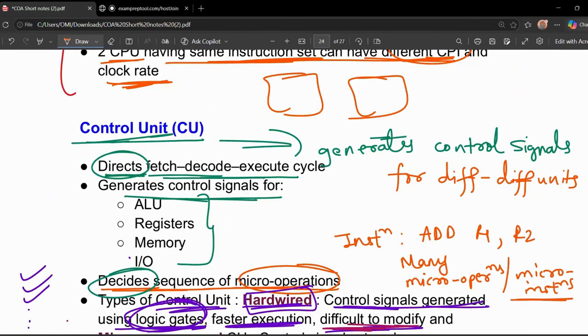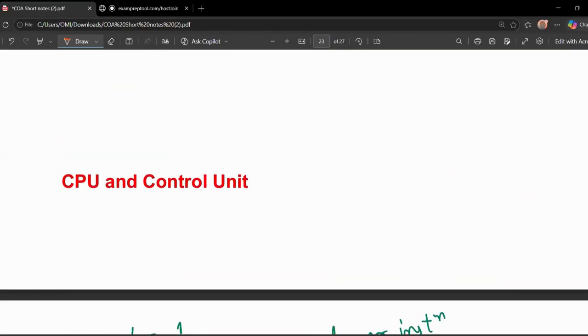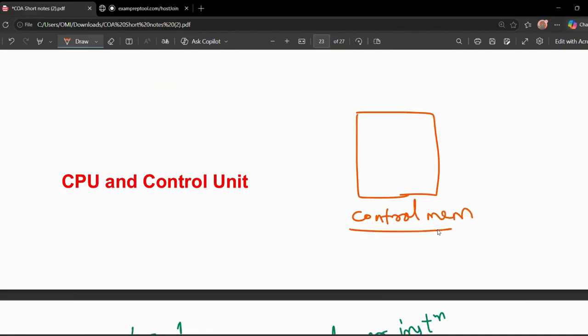There is something called control memory, and in the control memory, different micro programs are stored. And what does a micro program consist of?